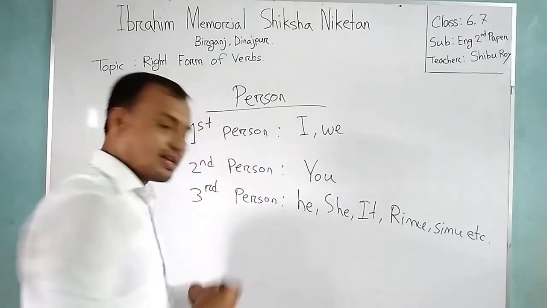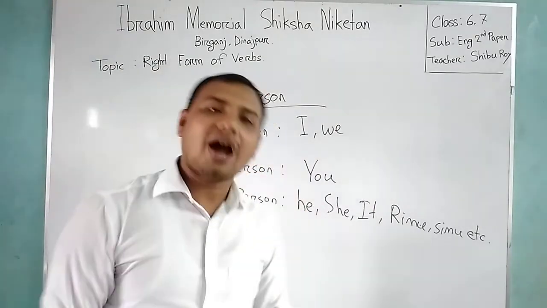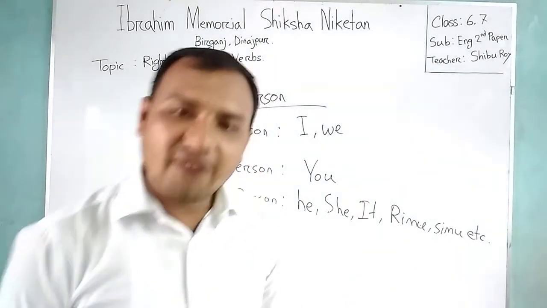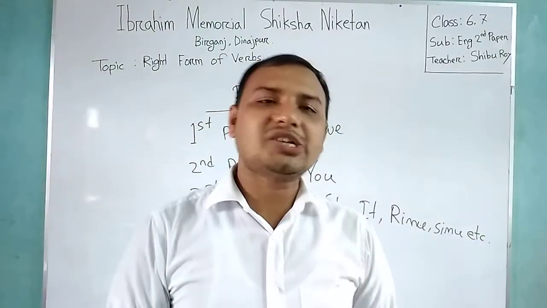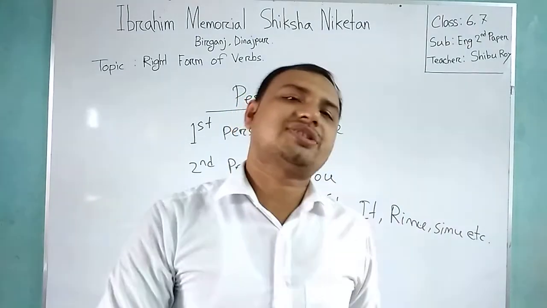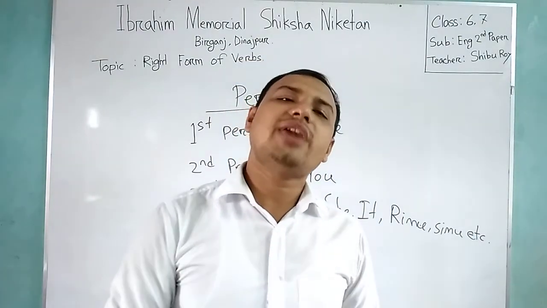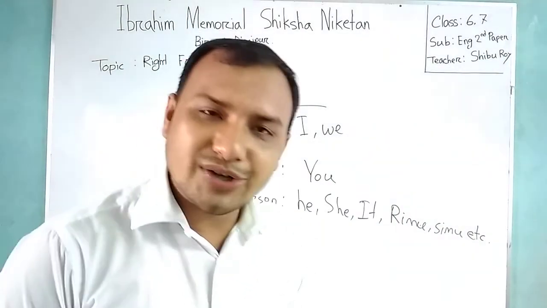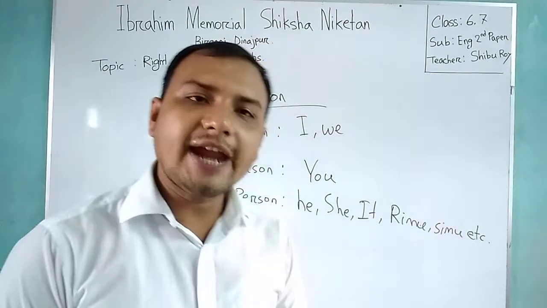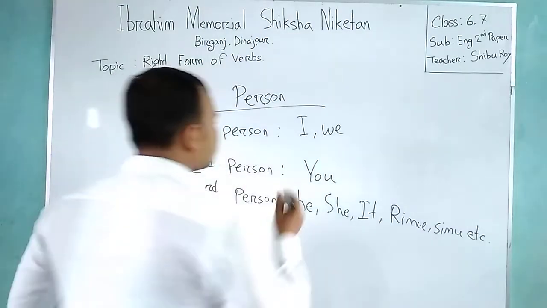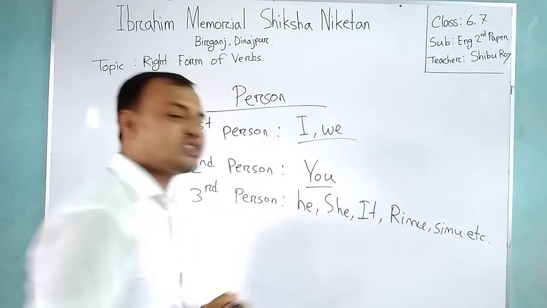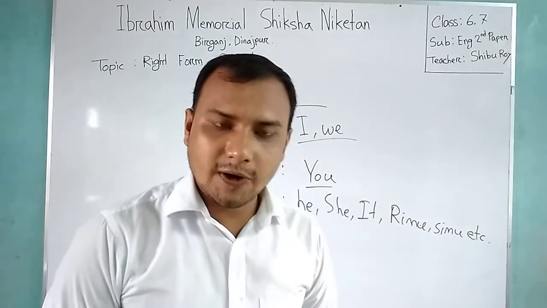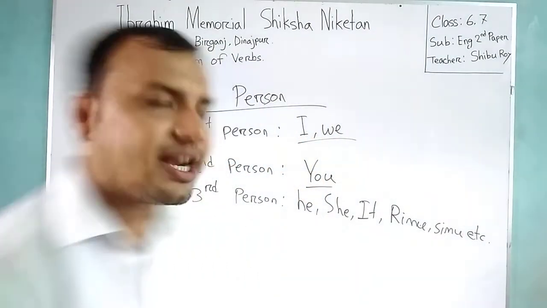That means I or we are first person, you are second person, and except those three subjects, I, we and you, all the rest are third persons. You understand it?